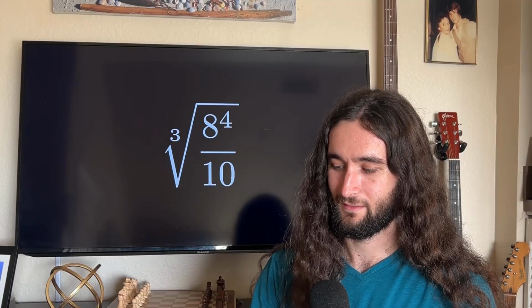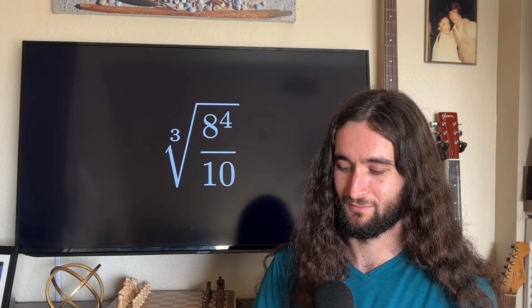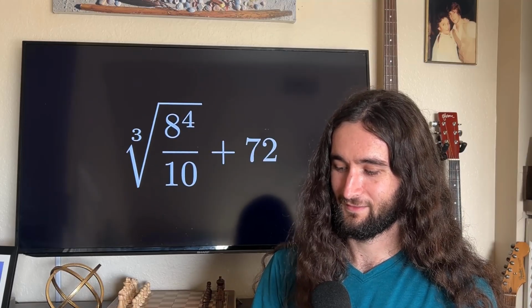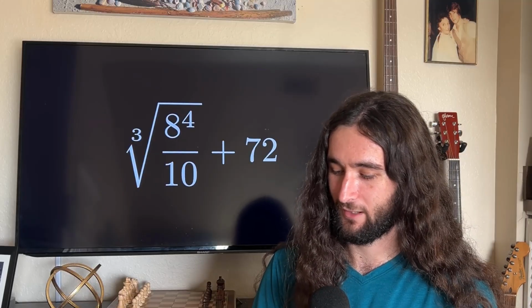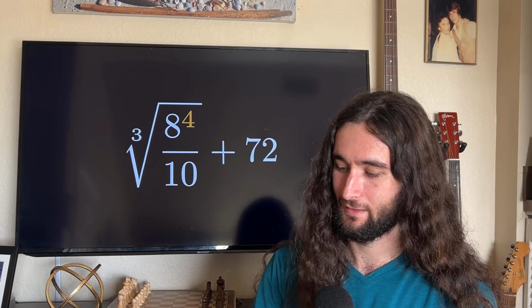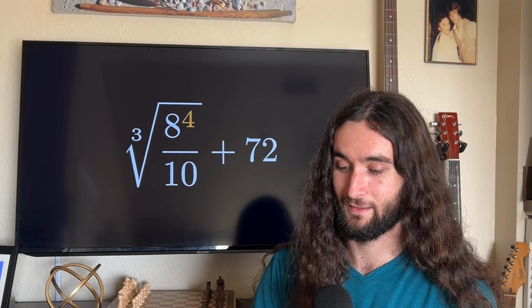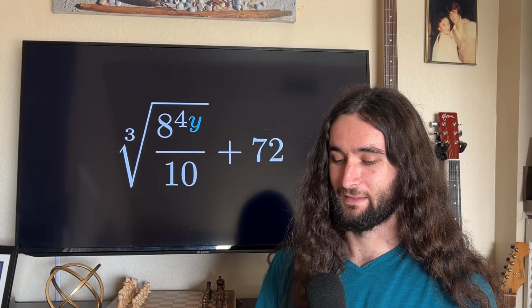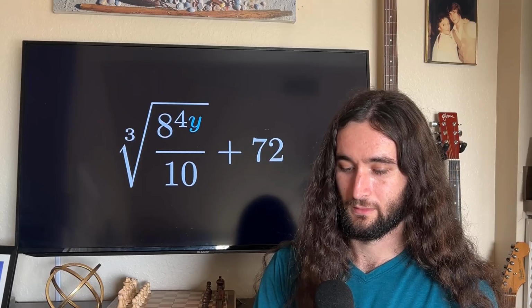And then I add 72. And then how about instead of the power of 4, how about I grab just that power and I multiply that by a y, and then how about I set the whole thing equal to 1,000.